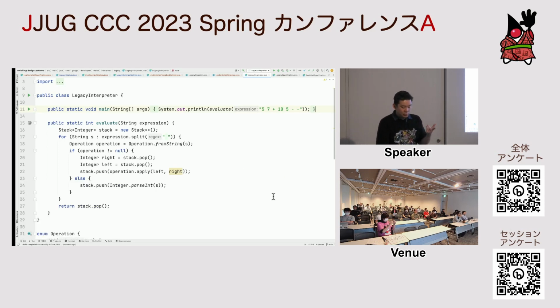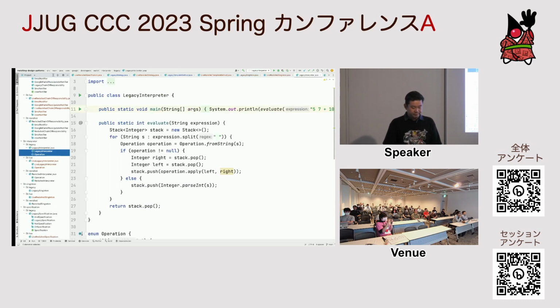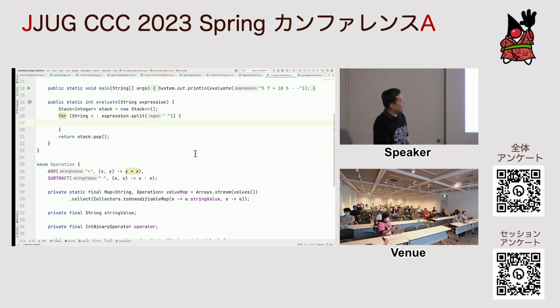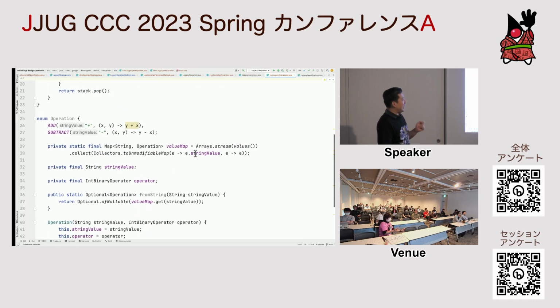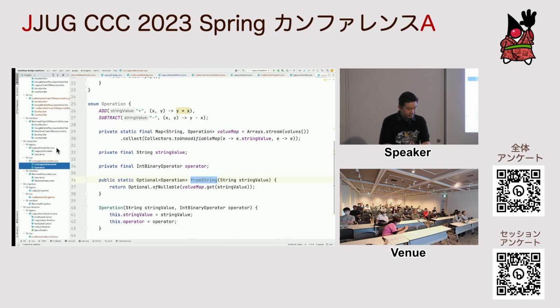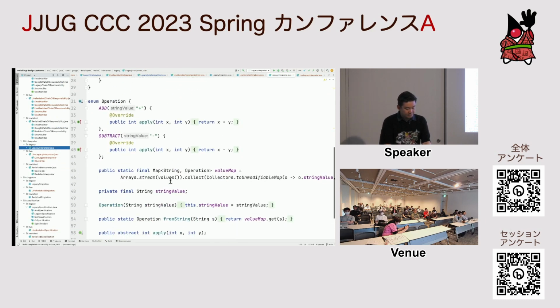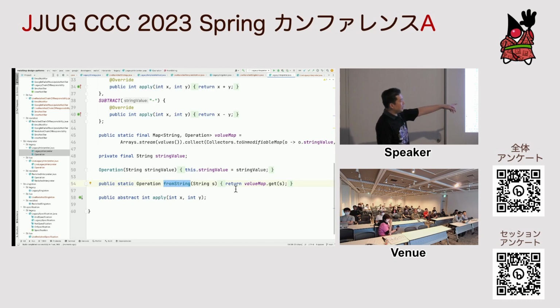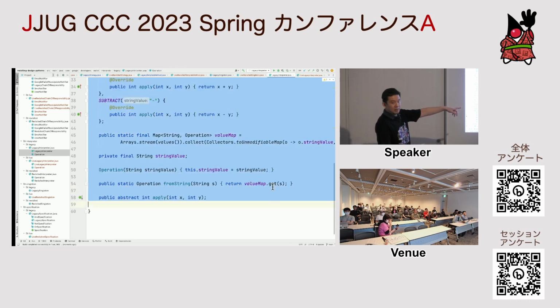So what we can do with the new version is to change this. So what did I change? Since Java 8, instead of returning just value map, here, the operation from string is returning value map.